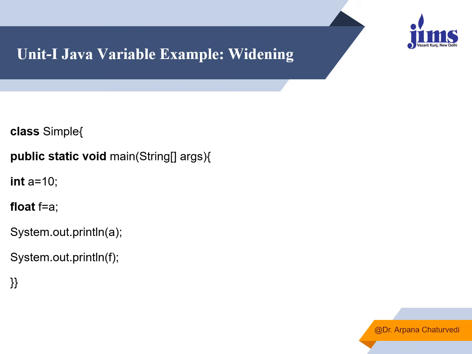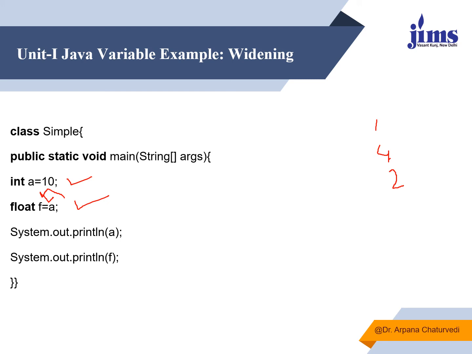Here if you look at the example, one variable is of integer type, another is of float type. I am trying to store the integer value into the float variable. I can do this. The size of an integer variable depends upon the machine. In some machines it is 2 bytes, in some 4.